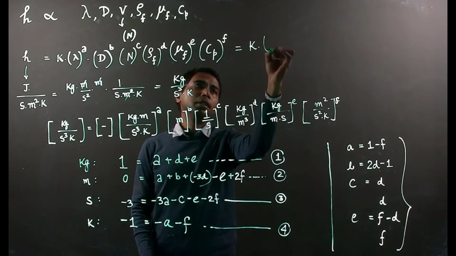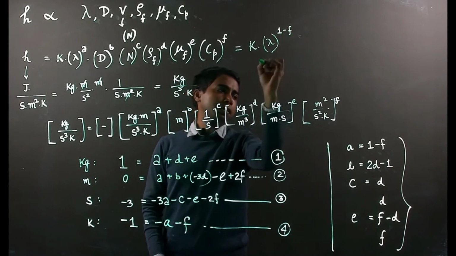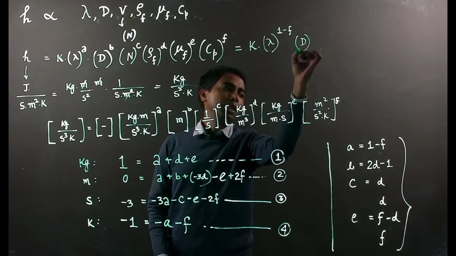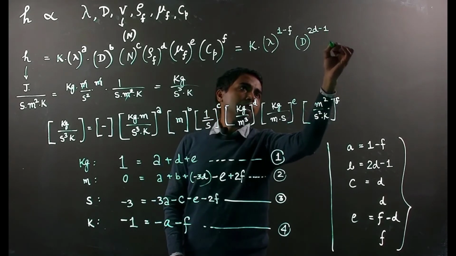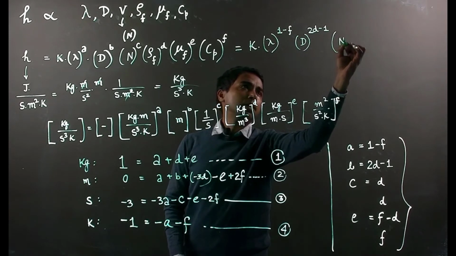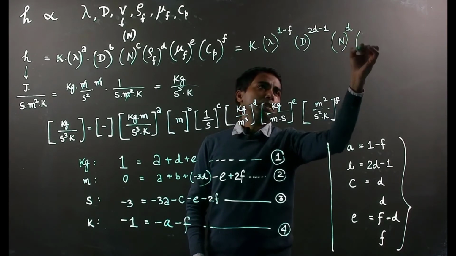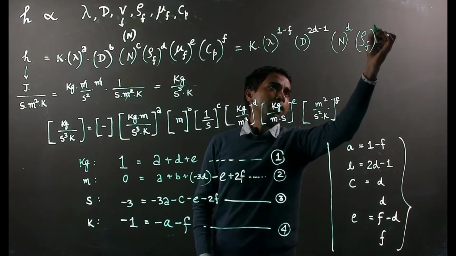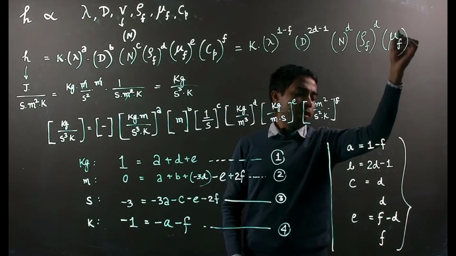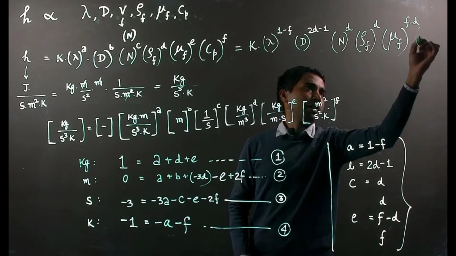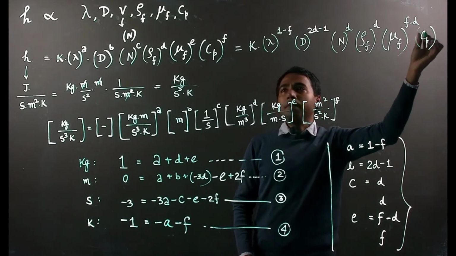K, lambda times 1 minus f, capital D to the power 2d minus 1, then the stirring speed raised to the power d, the density of fluid raised to the power d, the viscosity mu raised to the power f minus d, and finally the specific heat, which is just f.